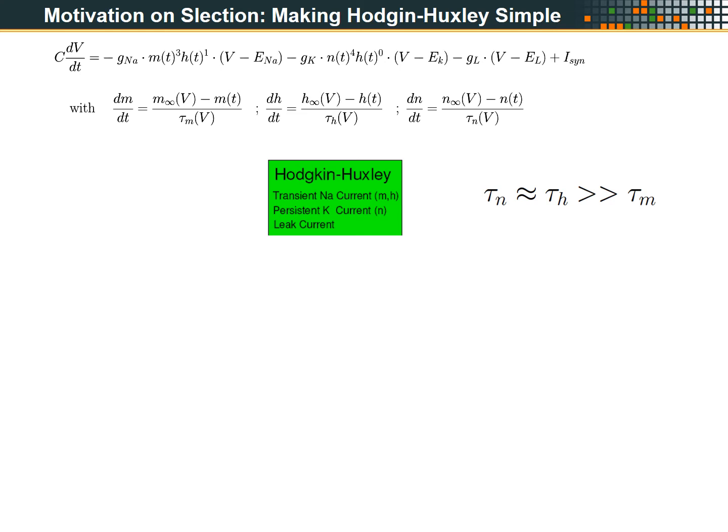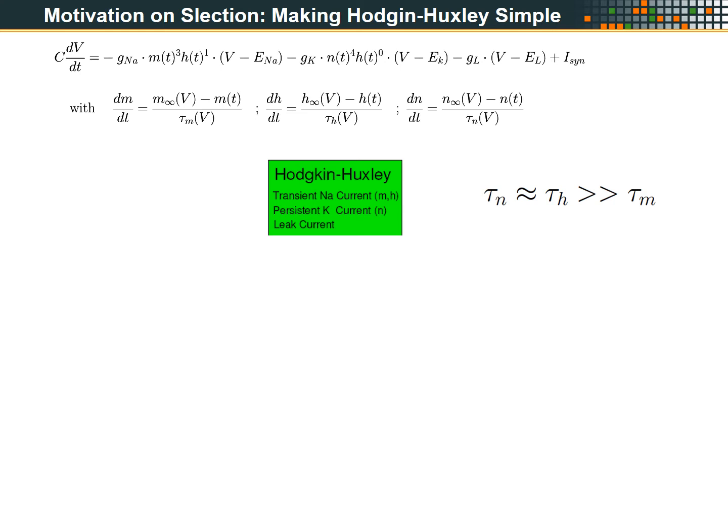Okay, coming back to the choices that we made in terms of the inclusion of the slow variables. Here again we see the Hodgkin-Huxley model, and you see that the Hodgkin-Huxley model has four different differential equations: the voltage plus the three gating variables.